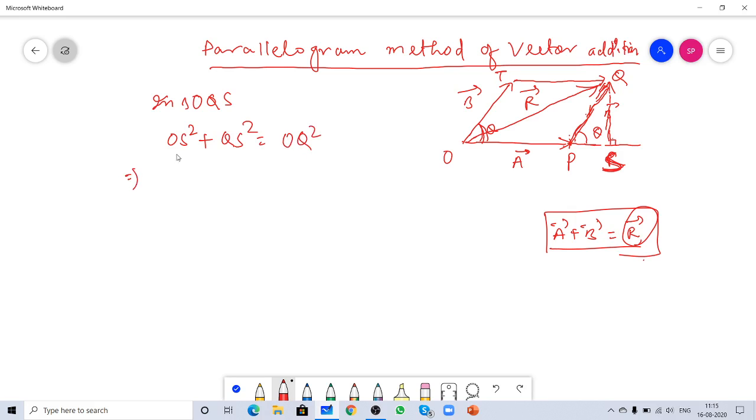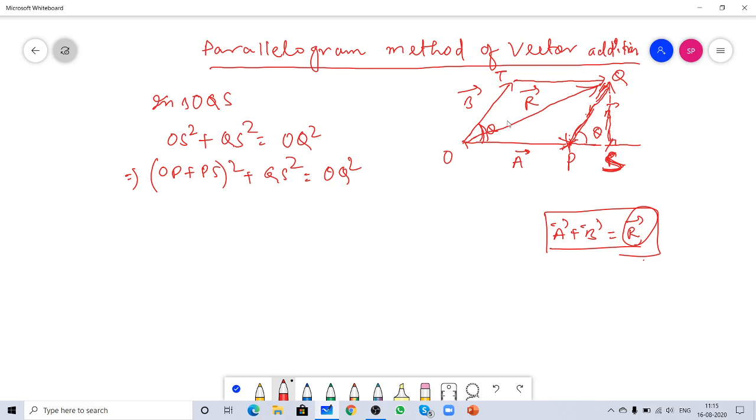Now OS, can I write OS is equal to this plus this, OP plus PS. So OS I can write (OP plus PS) whole square plus QS square is equal to OQ square, right? So OQ is your resultant vector, that is R vector, magnitude I can write.